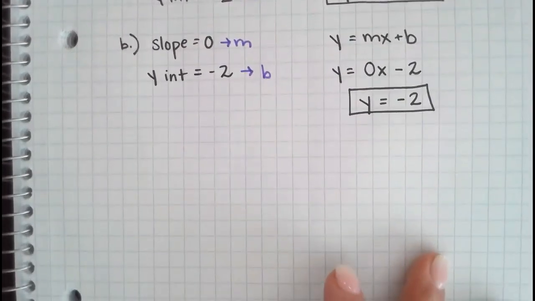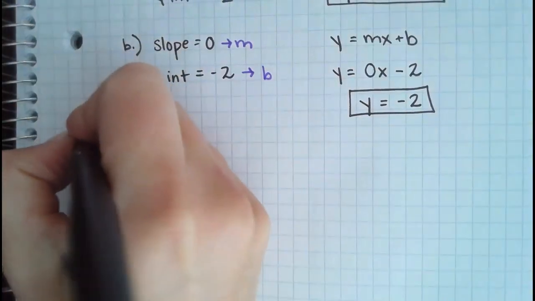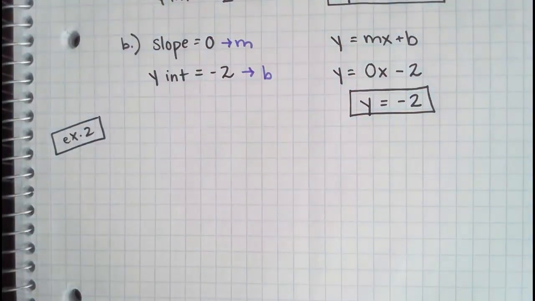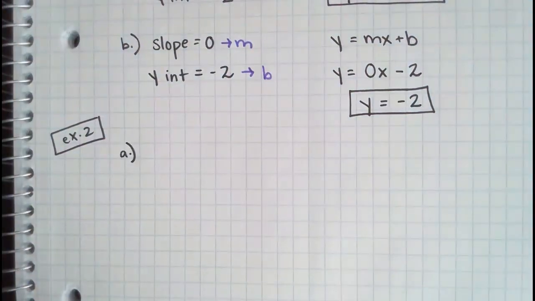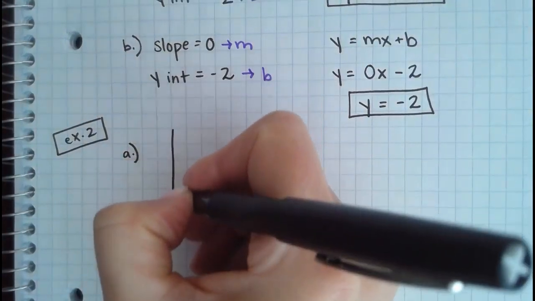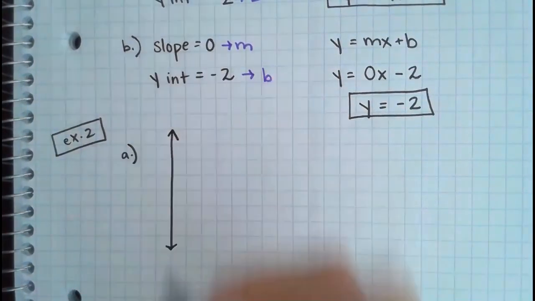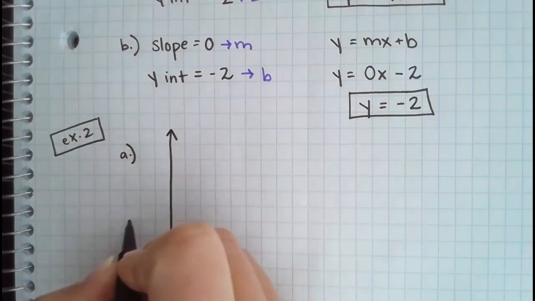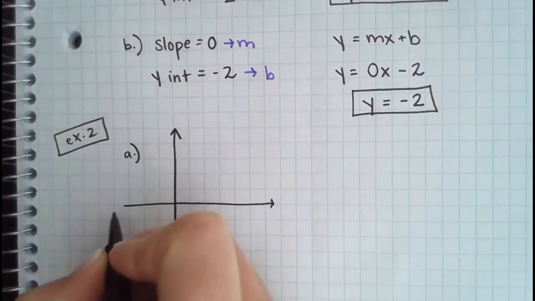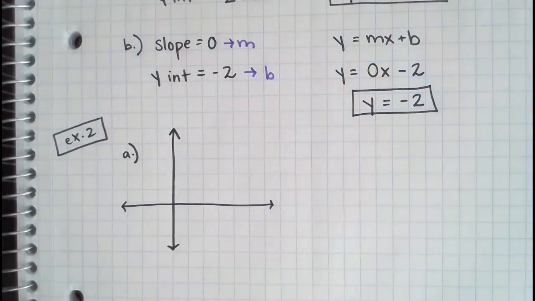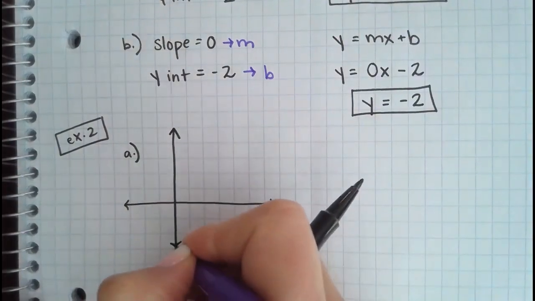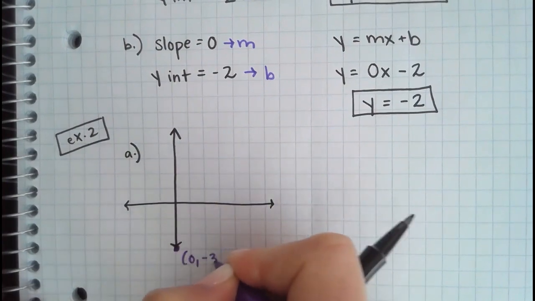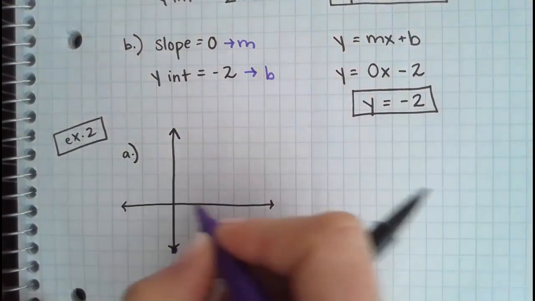So this one, example 2, gives us a graph. So letter A looks like this. All right, and they have 2 points labeled on this graph, one at 0, -3, and one at 4, 3.